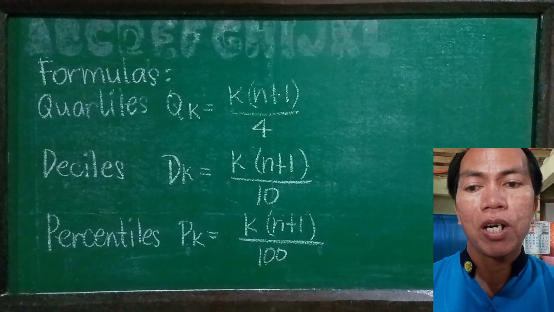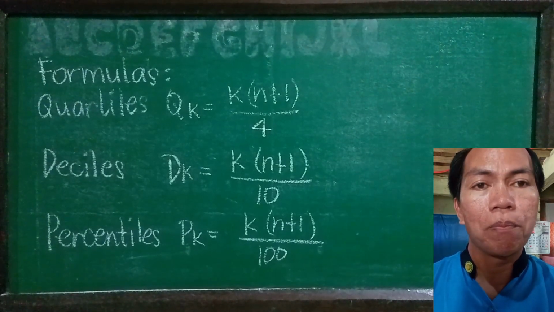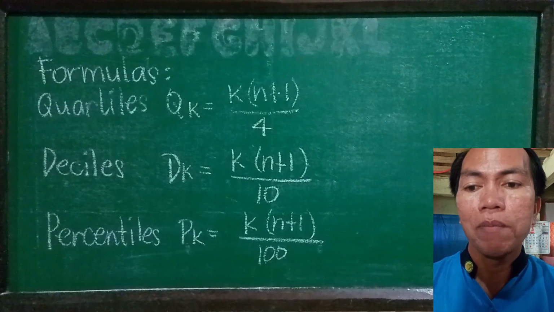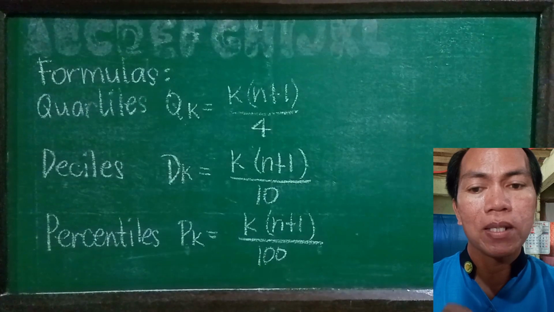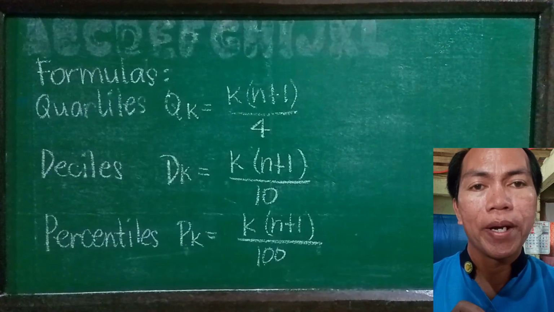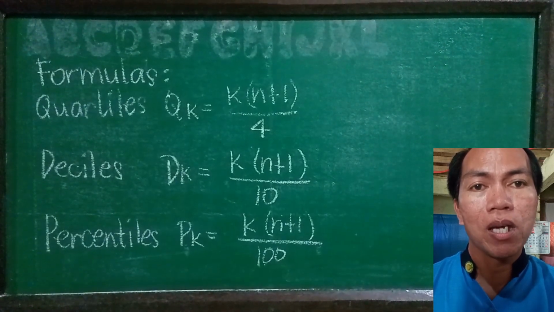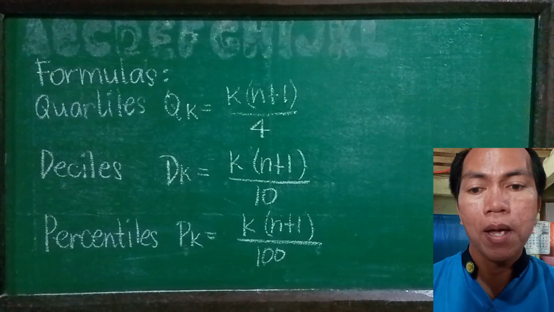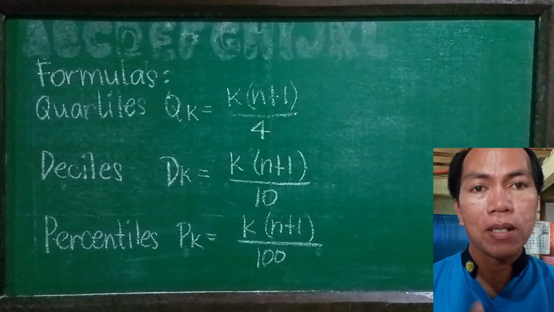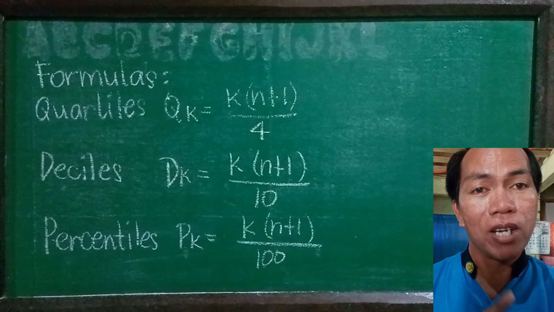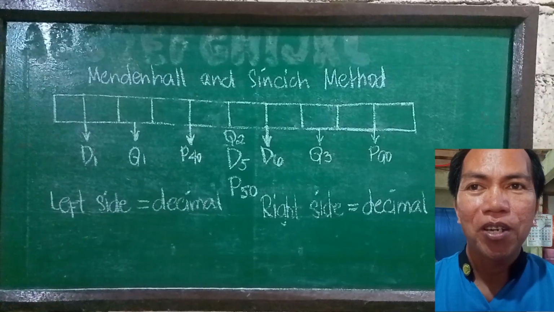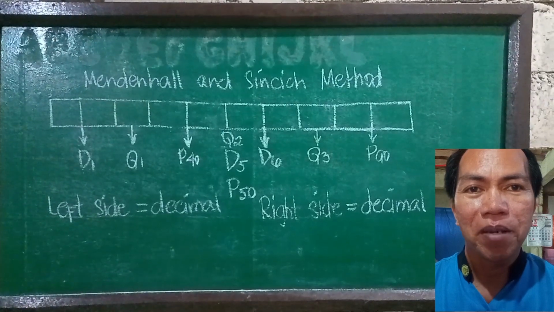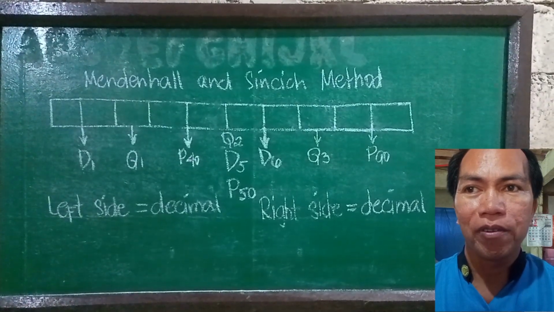And lastly, if we are to locate the possession of percentiles, we will be using the formulas pk equals k over 100 times the quantity of n plus 1, or pk equals k times the quantity of n plus 1 over 100.